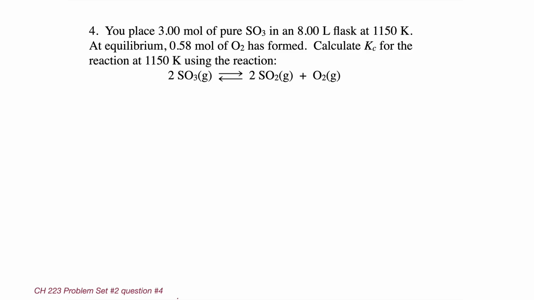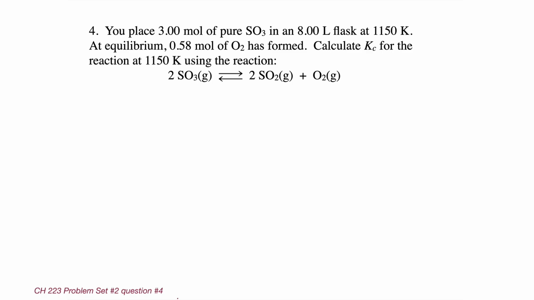You place 3 moles of SO3 in an 8-liter flask at 1150 Kelvin, and at equilibrium, 0.58 moles of O2 have formed. Calculate K sub C for this reaction, SO3 going to 2 SO2 plus O2.